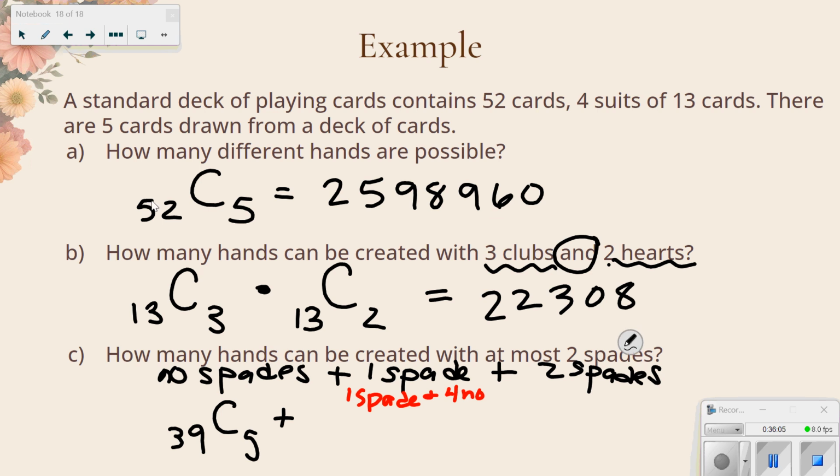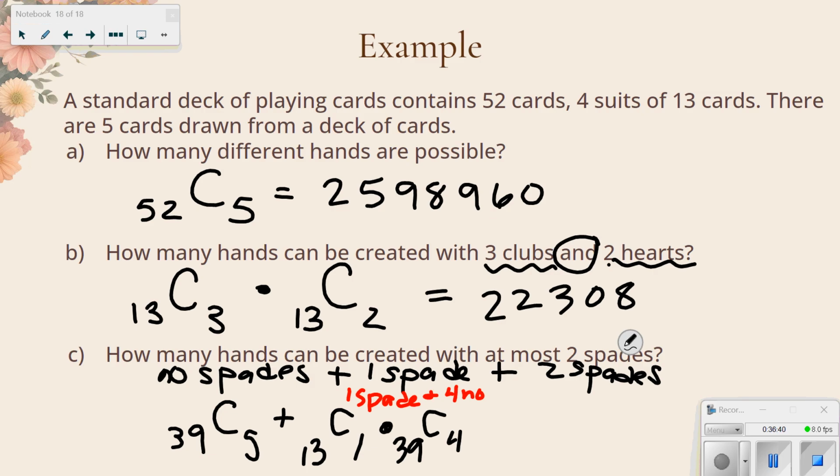How many spades do I have to choose from? 13, and I'm going to choose 1 spade, and I have 4 non-spades. What would that look like? How many non-spades are there to choose from? 39. I'm going to multiply 39 choose 4. Multiplying those together, so I have to have that and that at the same time.